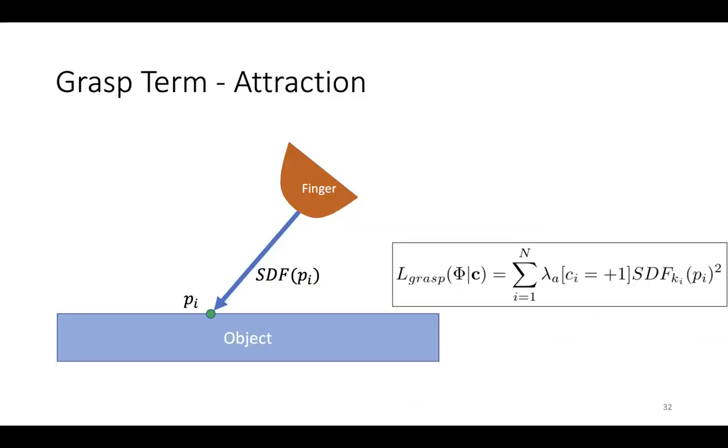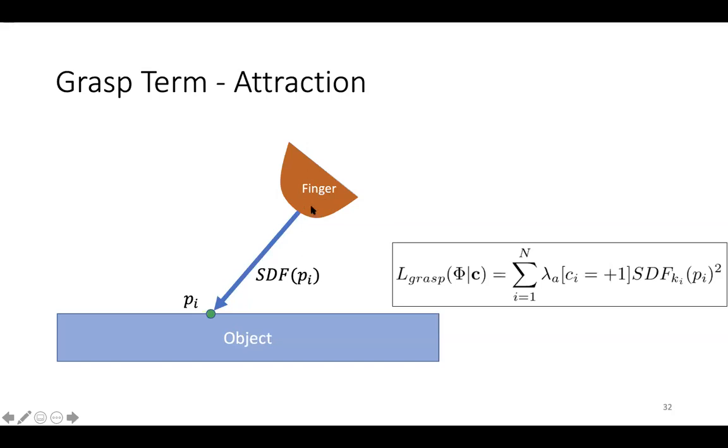Just to show you some details, imagine if there's an object point pi, and the finger is hovering around it, and you want to attract the finger closer to this contacted point. You first solve the correspondence problem, which is the correspondence between a point on the object surface and the closest point on the finger.